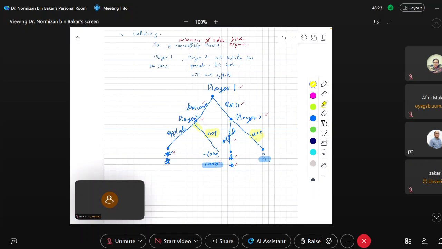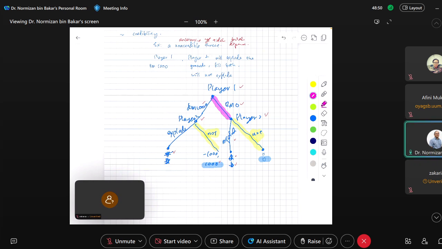So what is the best for player 1? The best is to not exploit. This is a non-credible threat, if the payoff is what we have in this game.